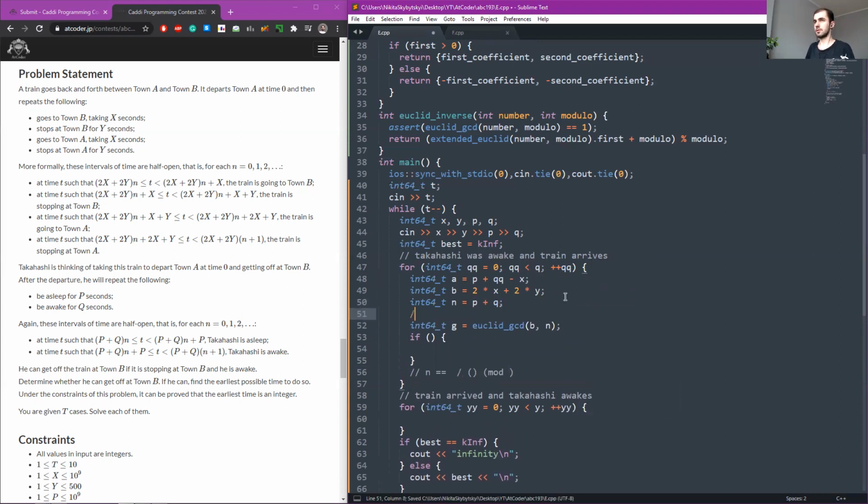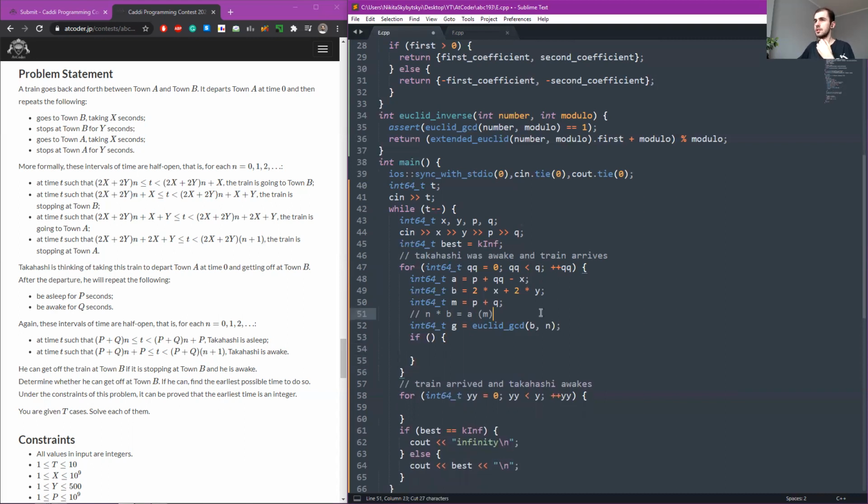Our N is P plus Q. And then we are solving the equation. No, that's the wrong N. Our modulo. Solving the equation n times b equals a modulo m. Right?